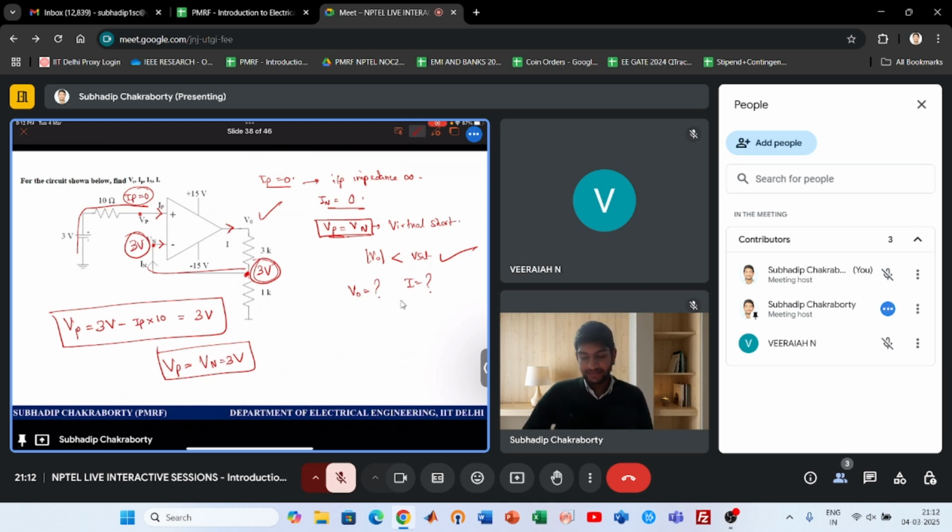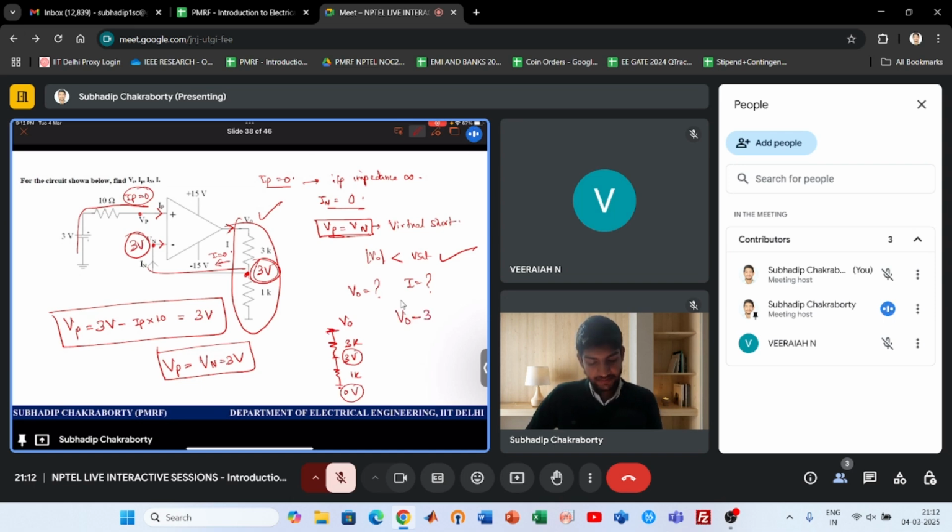Easy, right? Now just apply the KVL. Because current does not flow in reverse, this current is 0. So you only have a loop where you have V0, 3K, 3 volts, and then this is 1K, and then this is 0. Apply KVL.